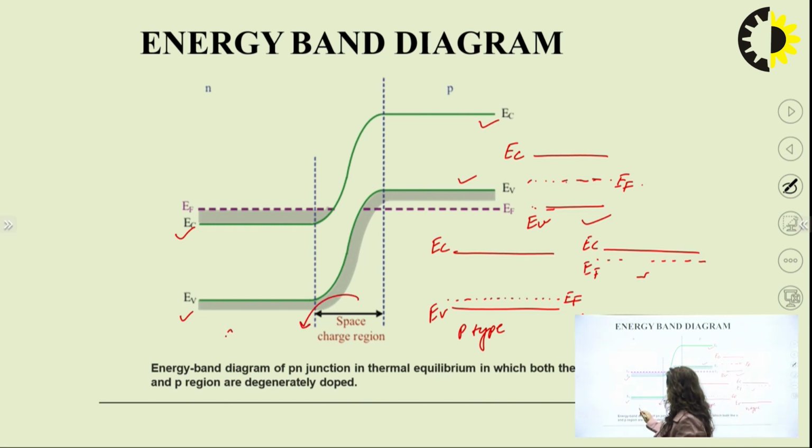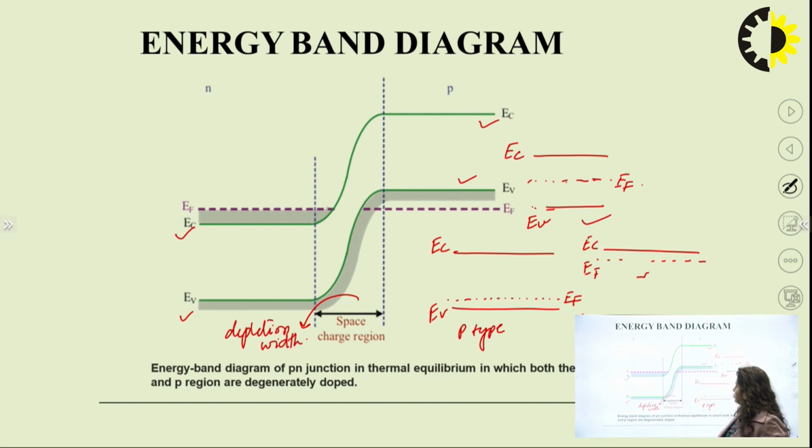This region is called the depletion width. This space charge region is created when there is a tunneling of electrons and holes from P type to N type and N type to P type.